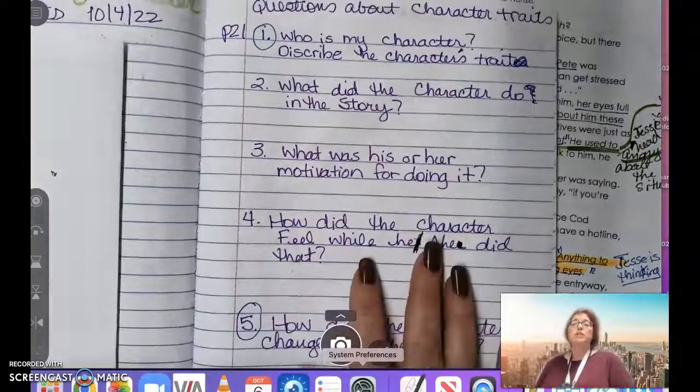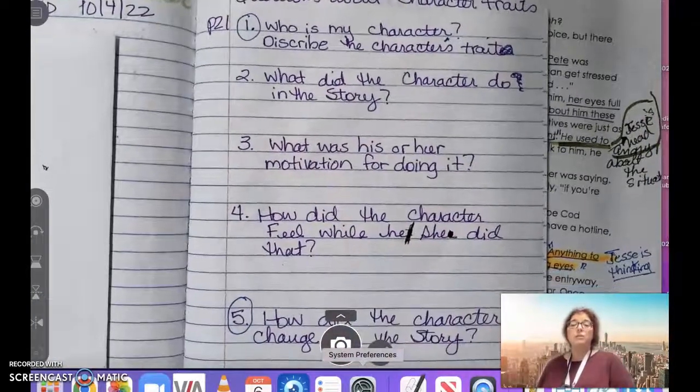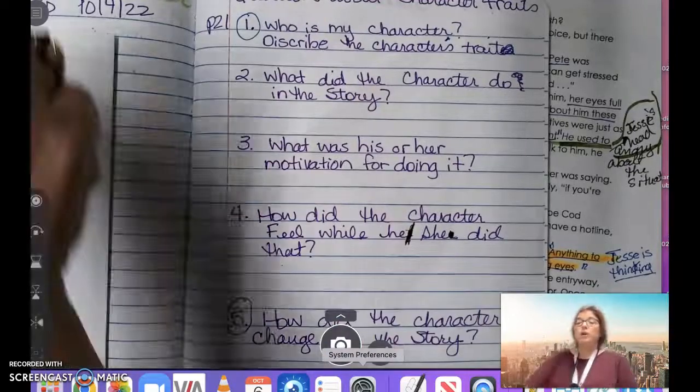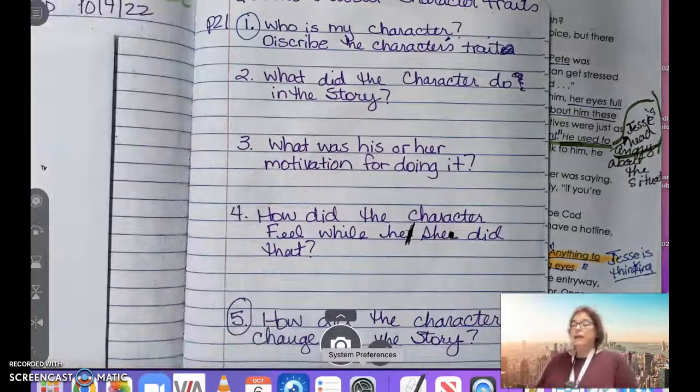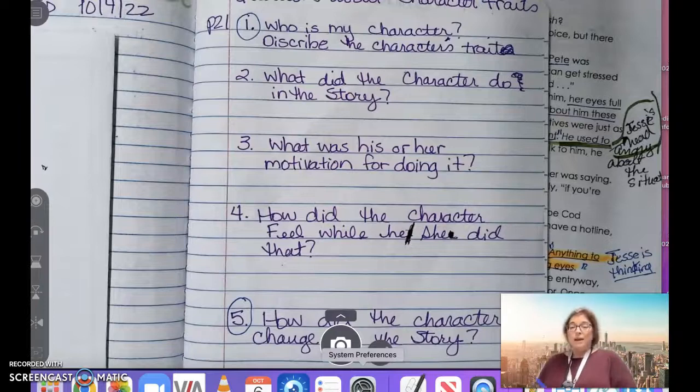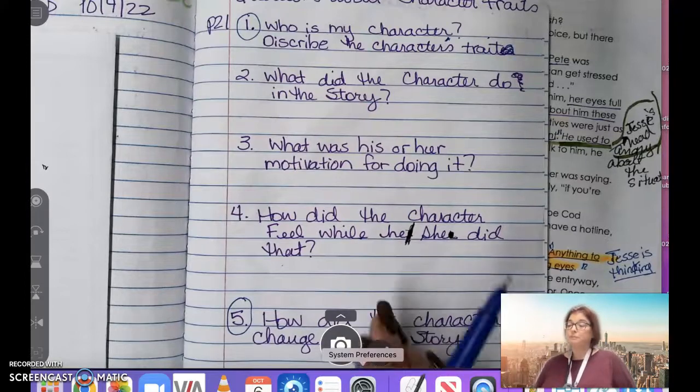So here are some questions that you might want to think about as you're reading your story or writing. In character development, if you're writing a short story, this would be helpful too.